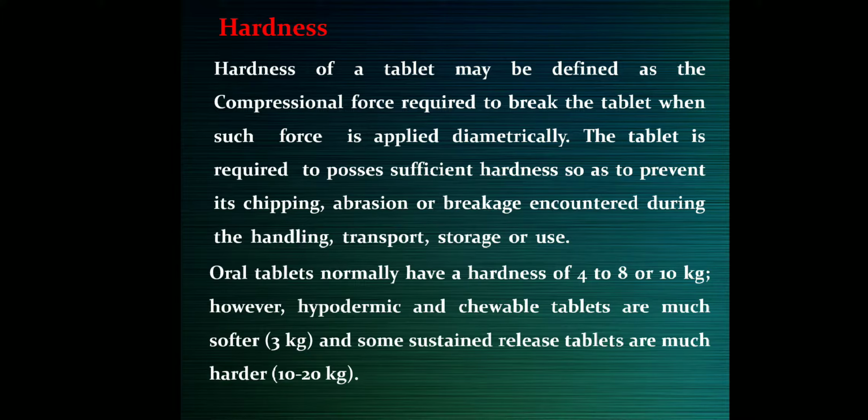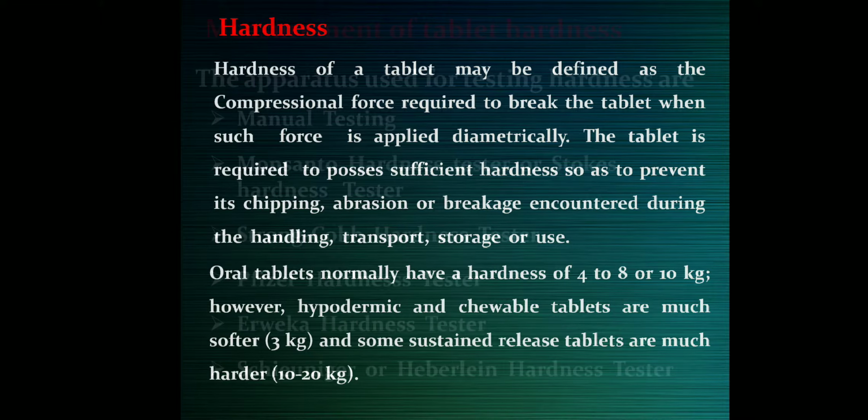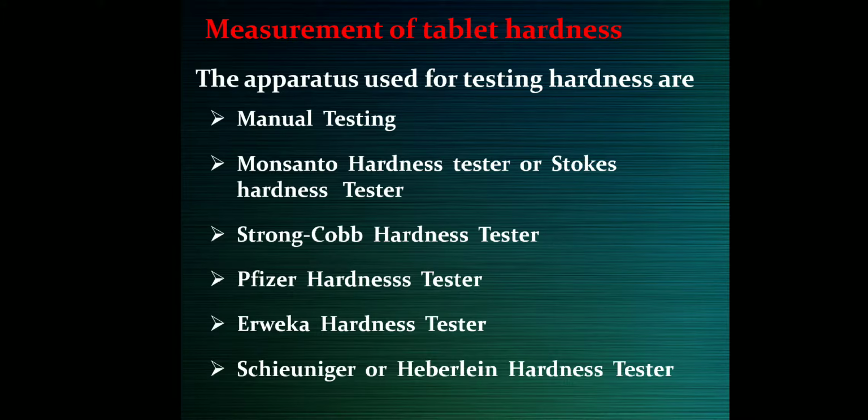However, hypodermic, chewable and dispersible tablets are much softer, up to 3 kg, and some sustained release tablets are very hard, for example above 10 to 20 kg. Measurement of tablet hardness.